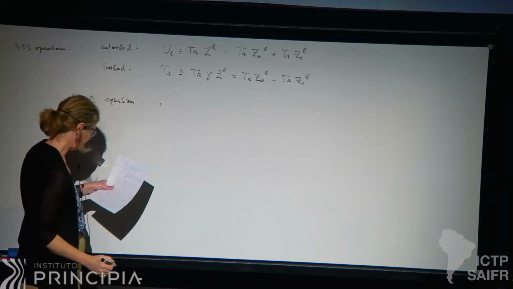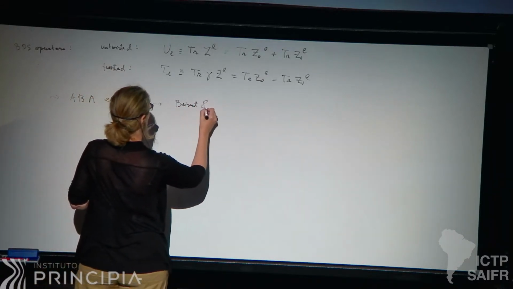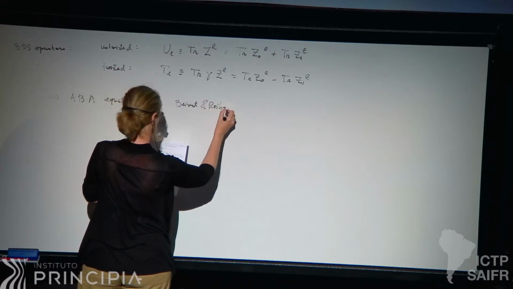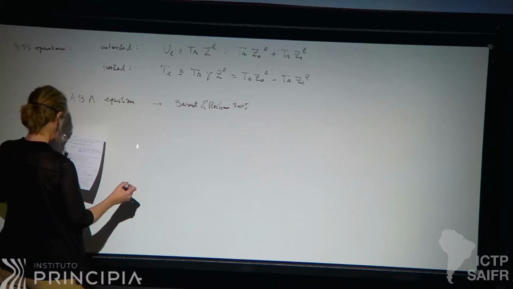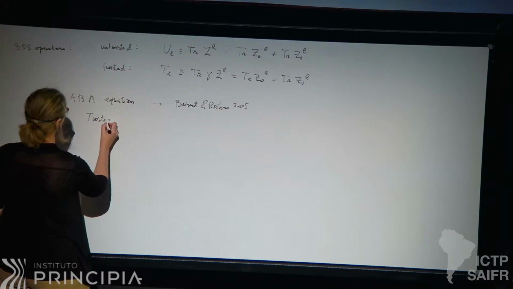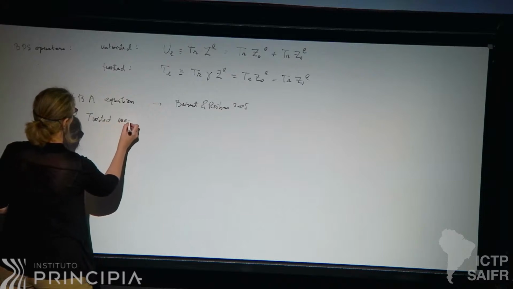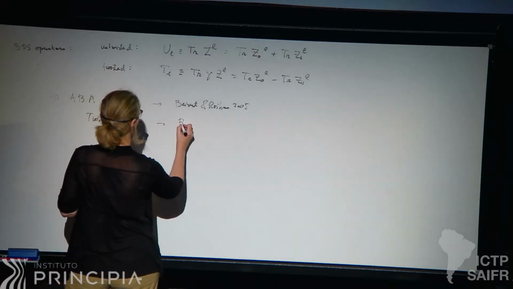This was obtained by Beisert and Roiban in 2005. There is a paper about the magnons, called twisted magnons, by Gadde and Rastelli.